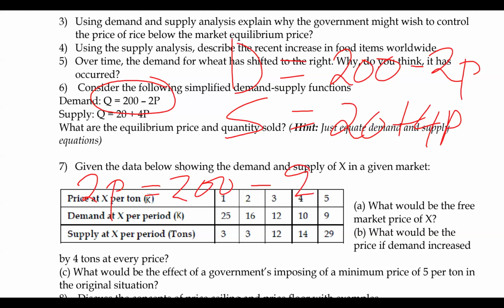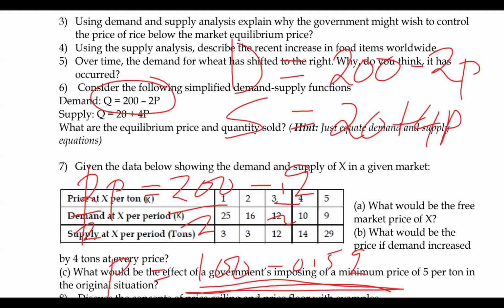And then you divide through by 2, since you want P to be the subject of the formula. Everywhere divide by 2. So that P is equal to 100 minus, there is an invisible 1 here, so this is half, 0.5Q. This is an inverse demand function. Okay?